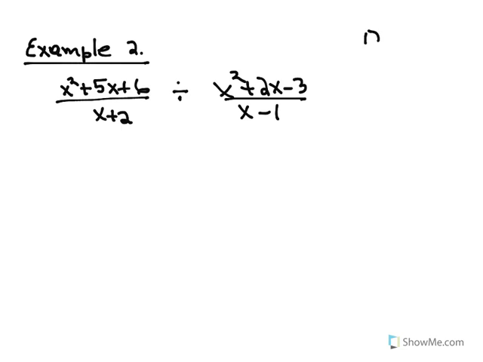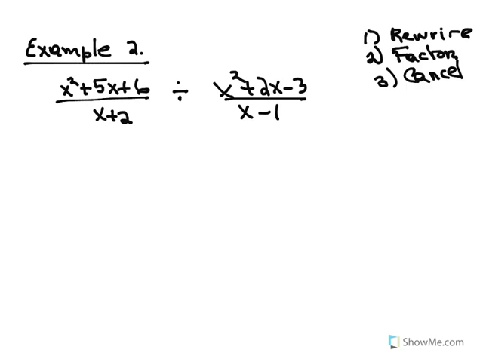Again, the steps are: first step is rewrite. You have to remember that you are rewriting the division. Second step is factor, right? And third step is cancel.